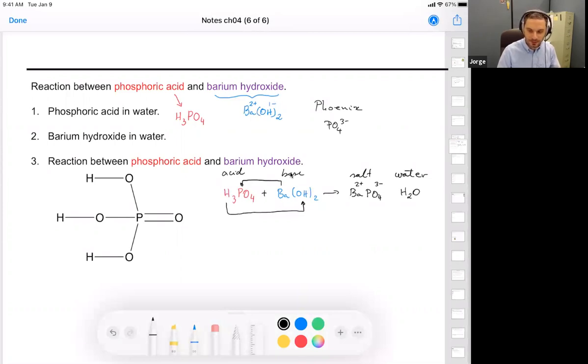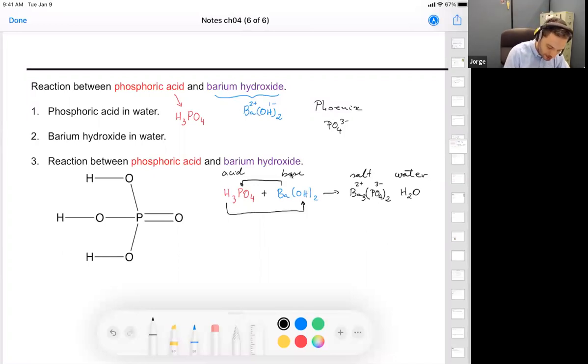Cross the charges. So very careful here because you have to pay attention when you cross the charges when you have an oxo anion. So the 3 will come down here to the barium, and the 2, attention, now will multiply all the group phosphate. Okay, so you have to indicate that in between parentheses.